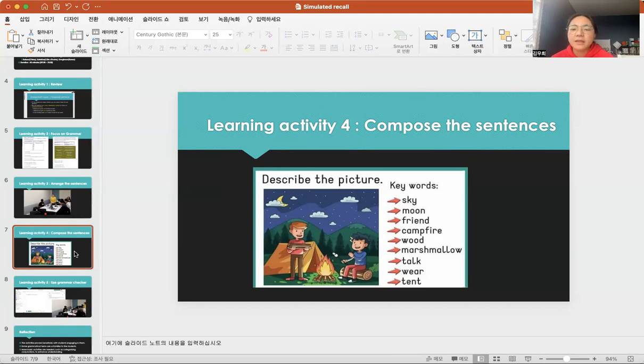Before they created the sentences, we discussed what we could see in the picture, and they compared two people's appearance and posture, so that we made the source to compose complex and compound sentences.